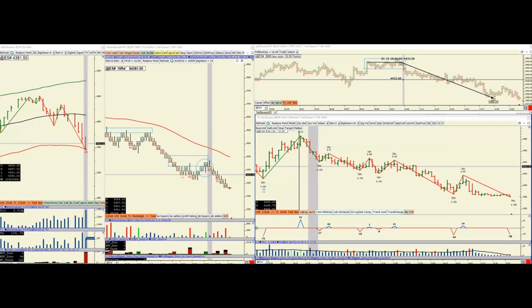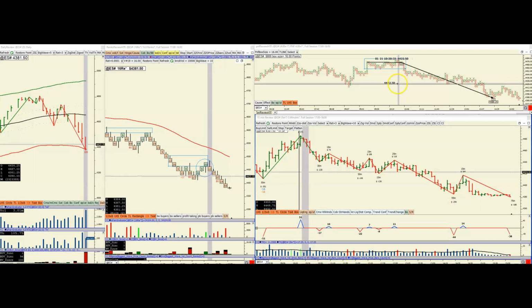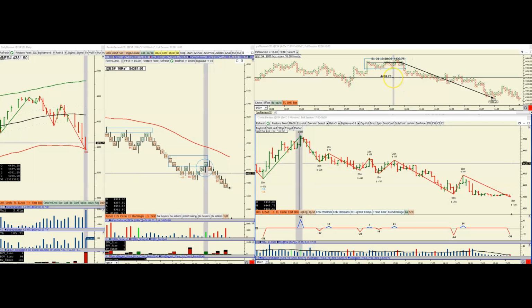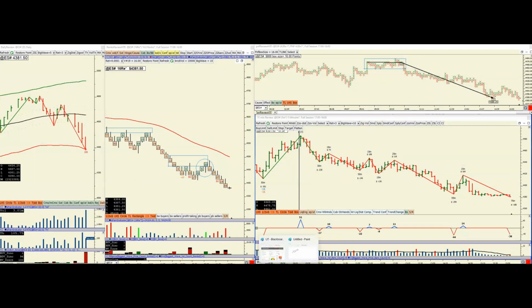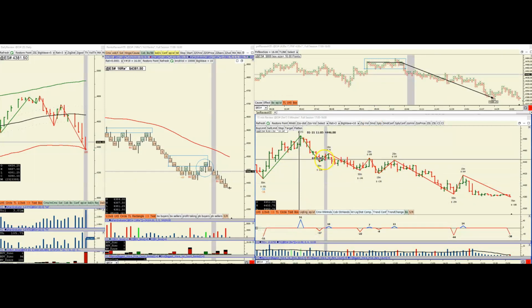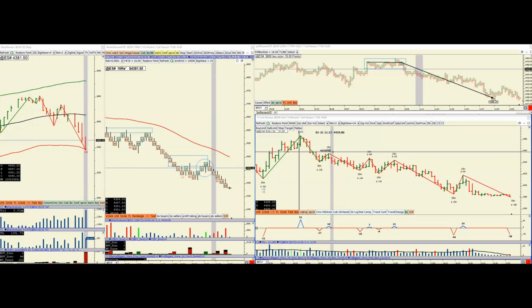So I went through the point and figure study yesterday or the day before, explaining how the cause on the pullback set up the move.